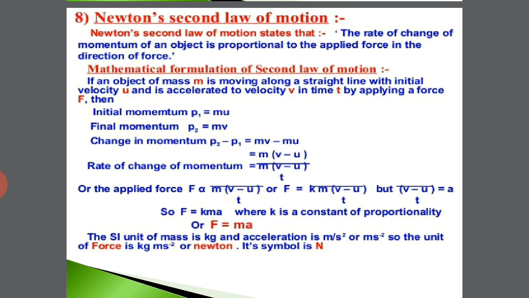We can consider its value 1, or F is equal to m into a. The SI unit of mass is kilogram, acceleration is meter per second square. So the unit of force is kilogram meter per second square, or Newton. Its symbol is capital N.